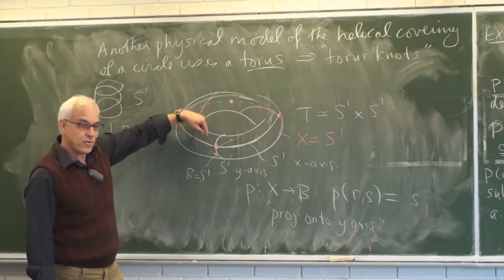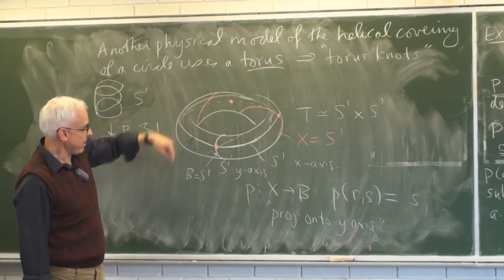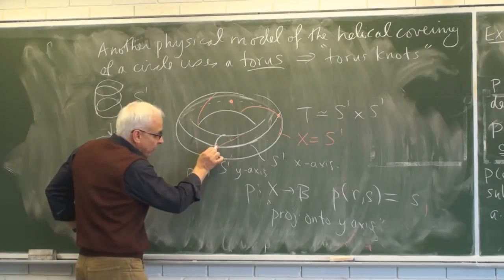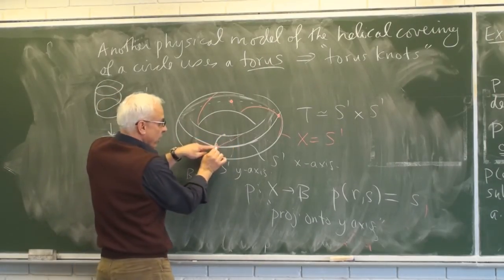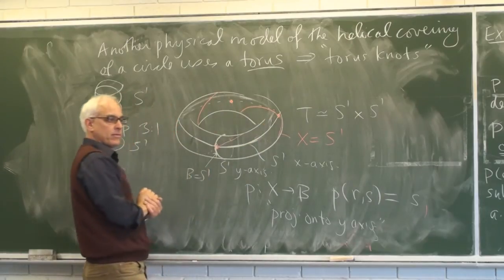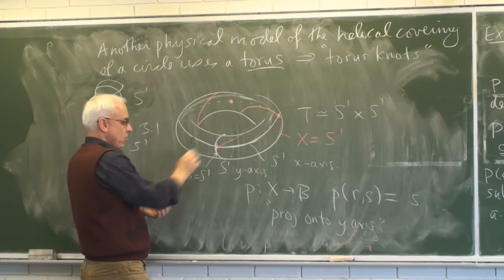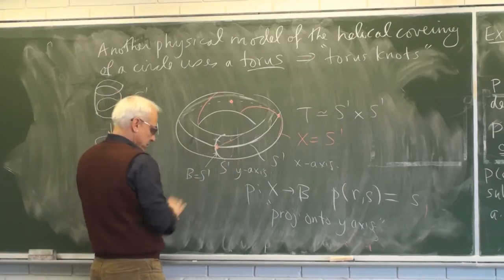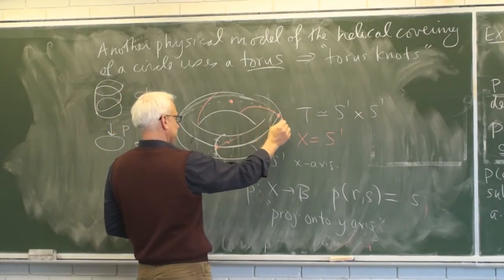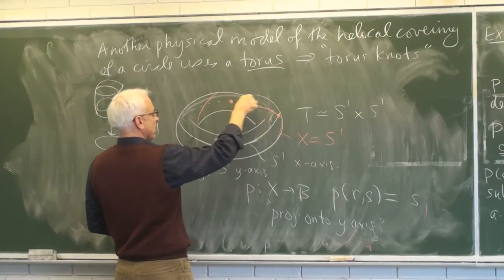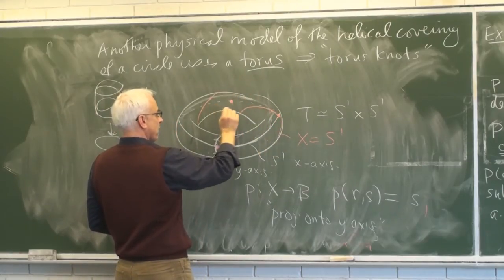Then this is a 3-to-1 map, because, for example, the inverse image of this point here on the base space is this one here, and this one here. While the image of this point here would be this one here, a little further on, maybe this one here, and then maybe a little further on this one here.